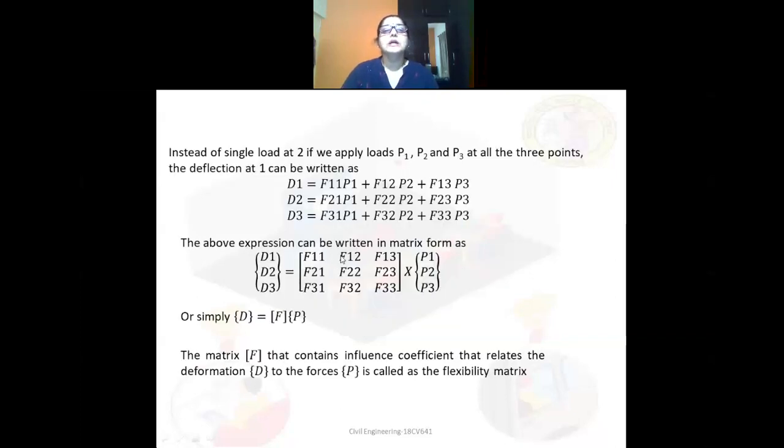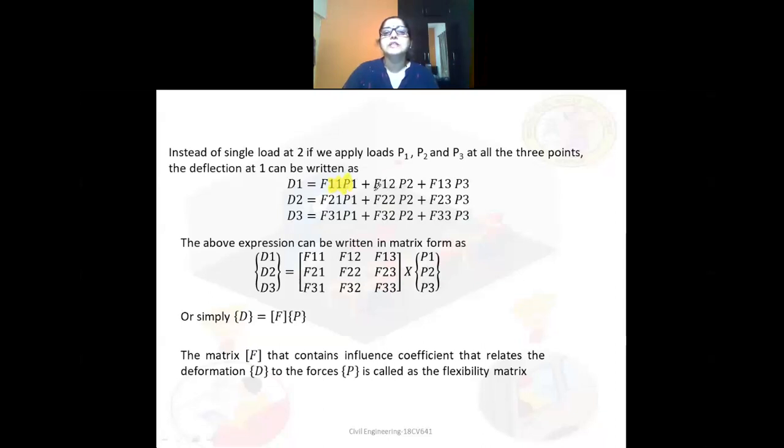So moving on. Instead of a single load at 2, if we apply multiple loads, for example, a load P1 at coordinate 1, P2 at coordinate 2, P3 at coordinate 3, at all the 3 points, then the deflection at coordinate 1 can be written as D1 is equal to F11, that is displacement at coordinate 1 due to unit force at 1, into force P1.